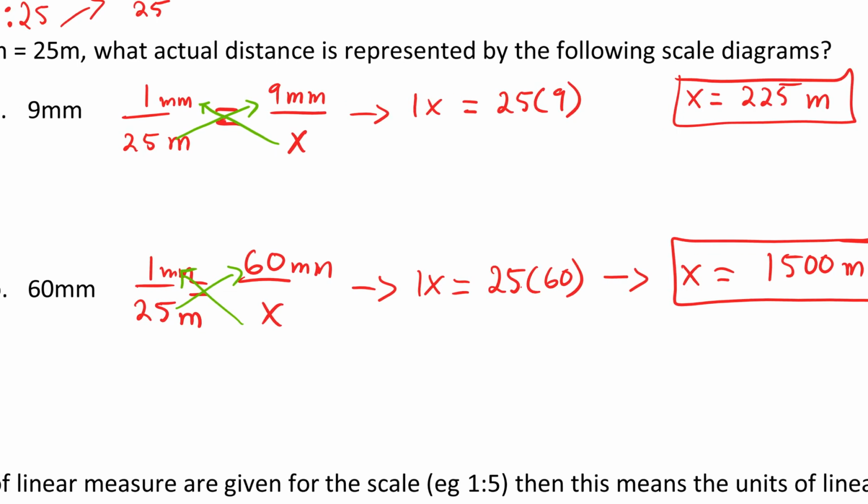So when we're calculating for scale factor, we're always going to be using this cross multiplication method. And it's important that we have our scale on top and our original on the bottom. If we stay consistent with this, we can always follow the same rules when calculating.